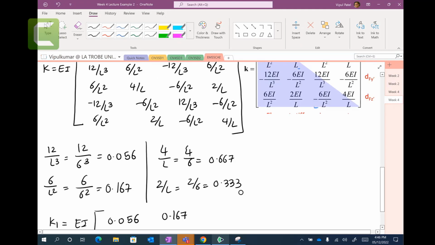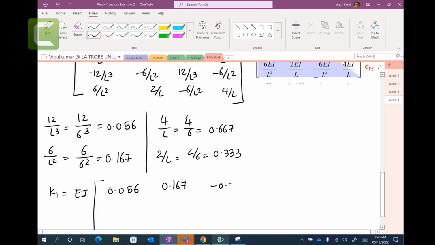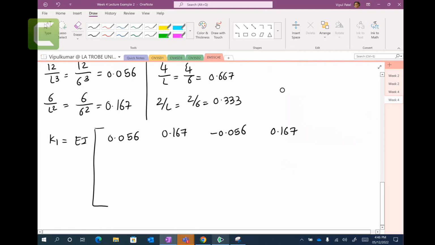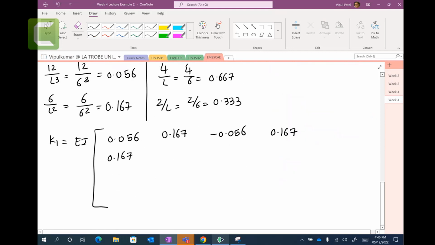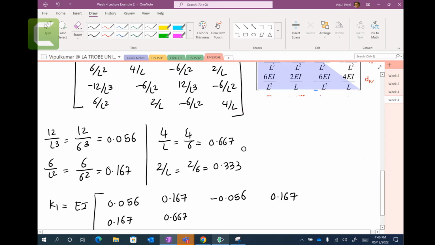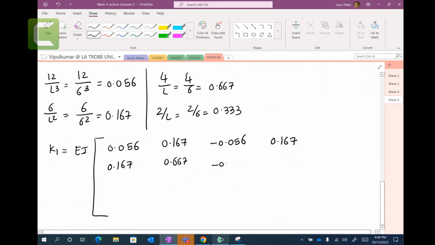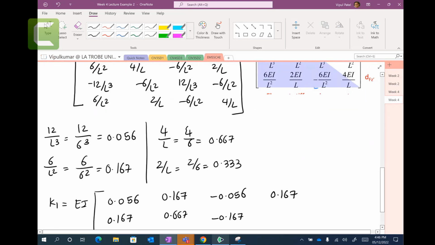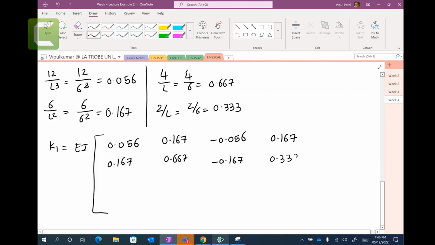And then you have minus 12 on L cubed, minus 0.056. 6 on L squared, 0.167. 6 on L squared, 0.167. 4 on L, 0.667. Minus 6 on L squared, minus 0.167. 2 on L, 0.333.